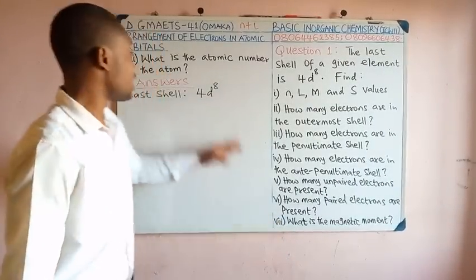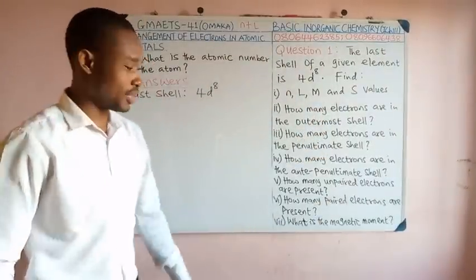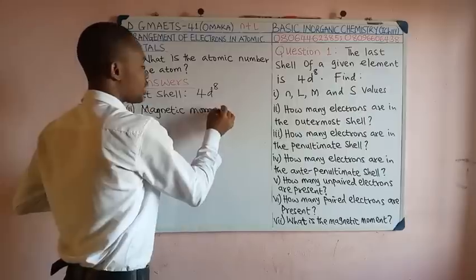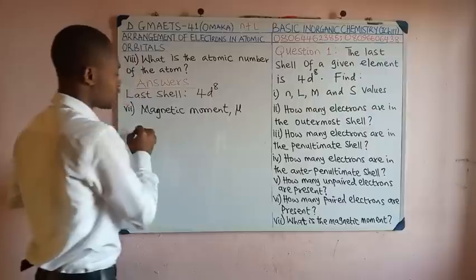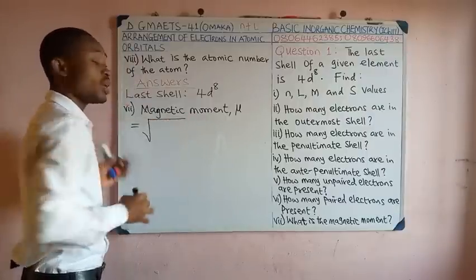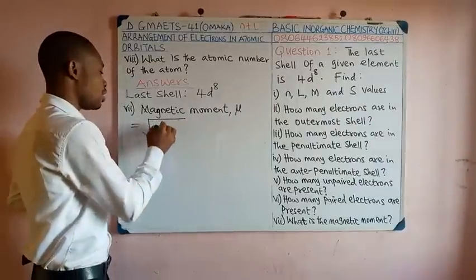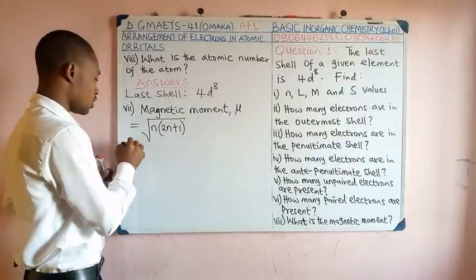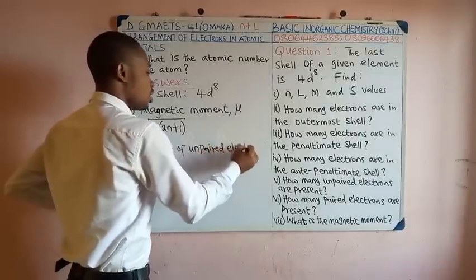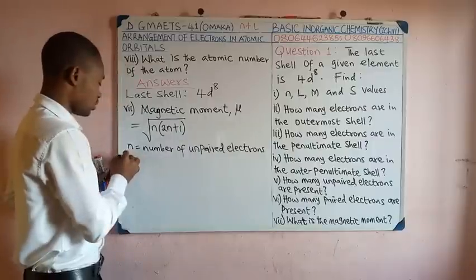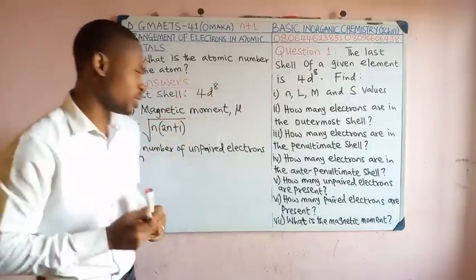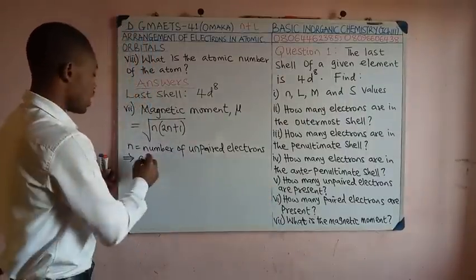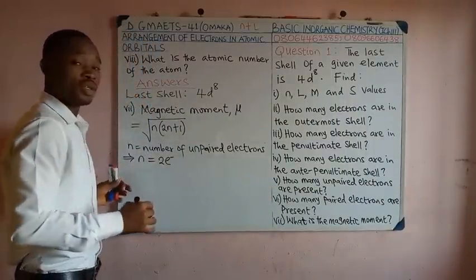Now, we want to look at the last part of this question, questions 7 and 8 of the question we're analyzing here. The seventh part of the question, we are asked to obtain the magnetic moment. We use this symbol for the magnetic moment. Of course, you would recall that we established a formula to be square root of n open bracket n plus 2 close bracket, where n is the number of unpaired electrons. Now, how many unpaired electrons do we have in this case? In our analysis, we established already from the fifth part of this question that n is equal to 2 electrons, the number of unpaired electrons.